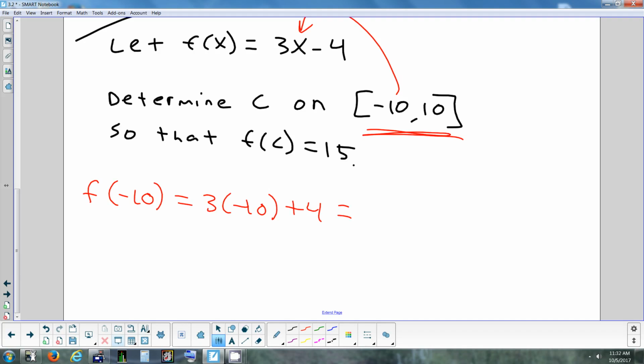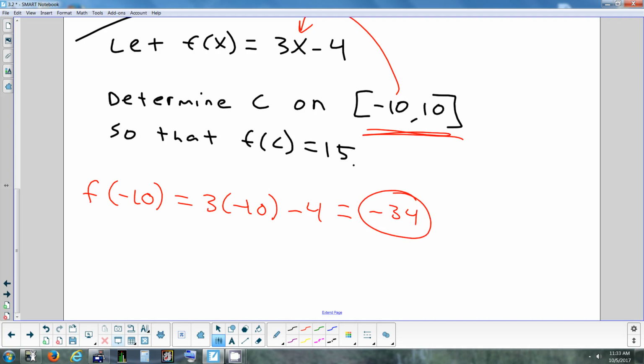Negative 30. And then minus 4? Negative 34. Thank you. So our y values are starting at negative 34.